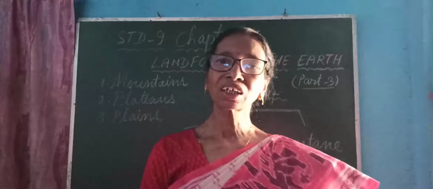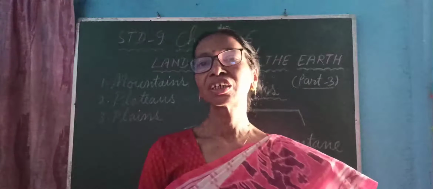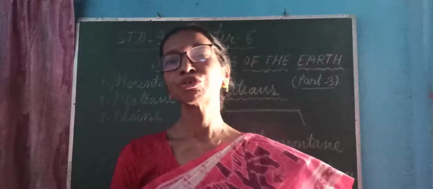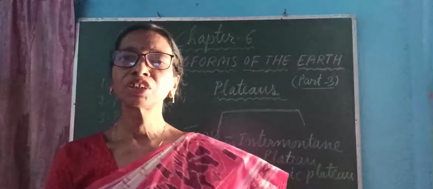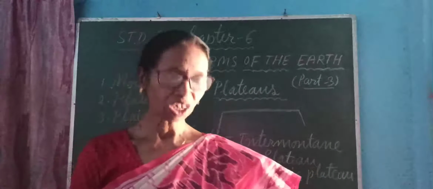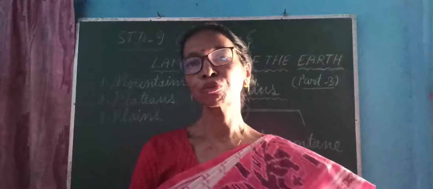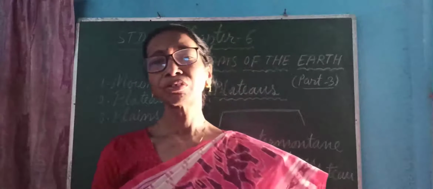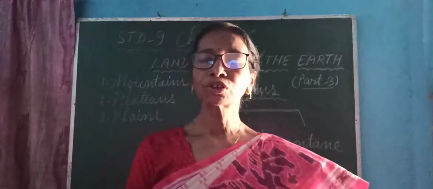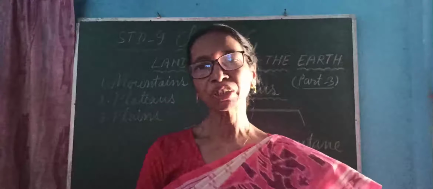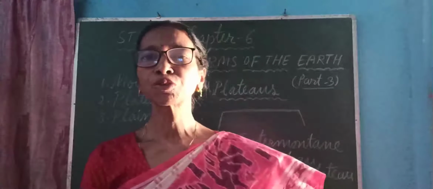Like this, there are other volcanic plateaus found in different parts of the USA, Africa and Europe. So these are the two types of plateaus, Intermountain Plateaus and volcanic plateaus.